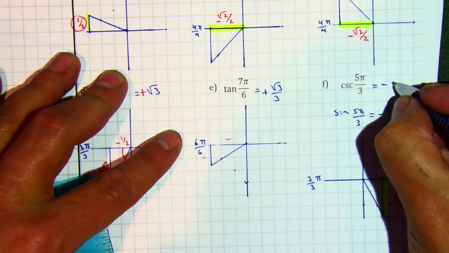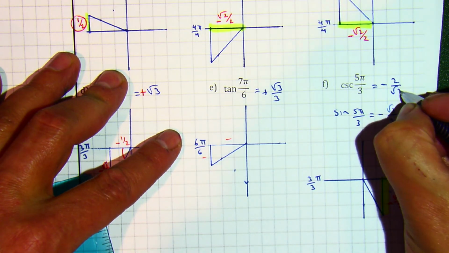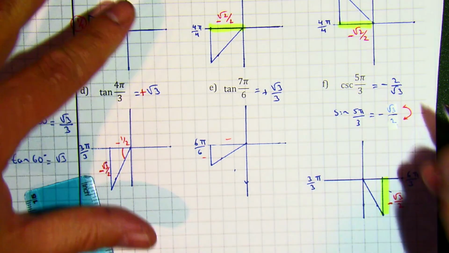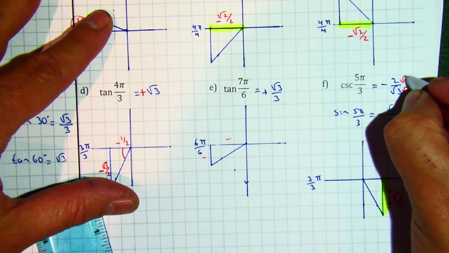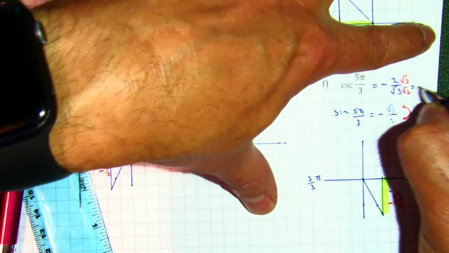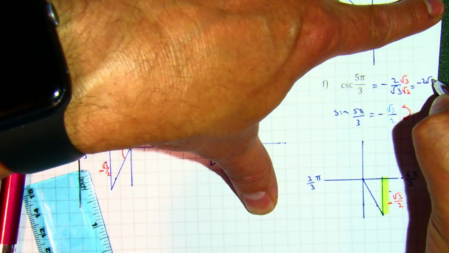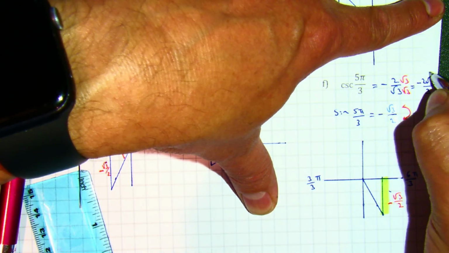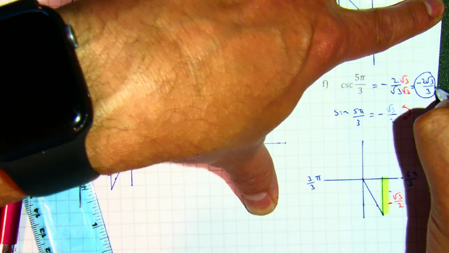Take the reciprocal, which will be negative 2 over square root of 3. I'm going to rationalize it. So therefore, that will be negative 2 square root of 3 over 3. That is the cosecant of 5 pi over 3.